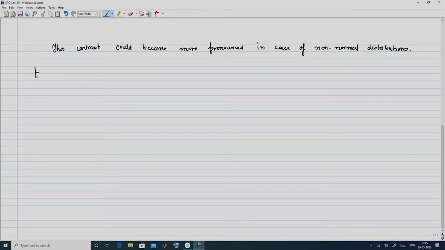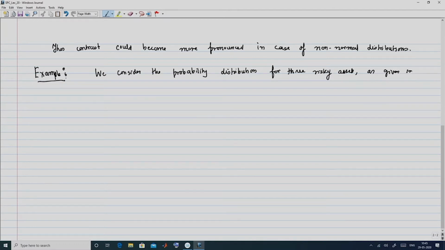So, to motivate this, now we consider an example. So, we take the probability distribution for 3 risky assets as given in the figure.